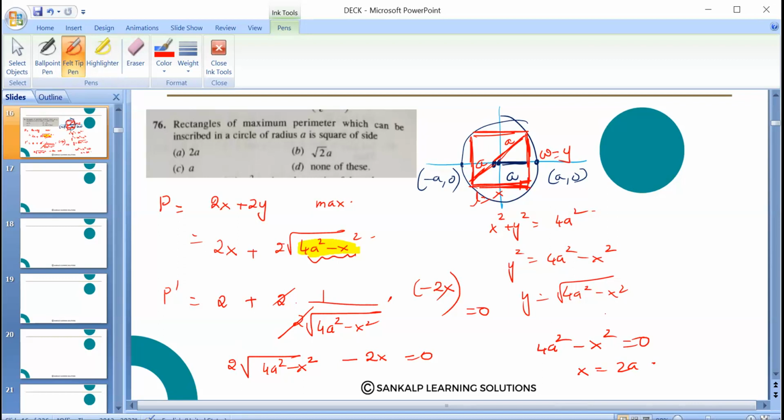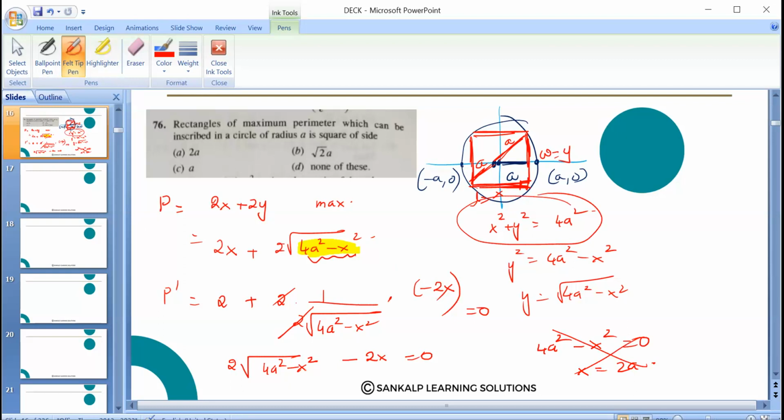If x is 2a, you will not get this answer x square plus y square equal to 4a square.